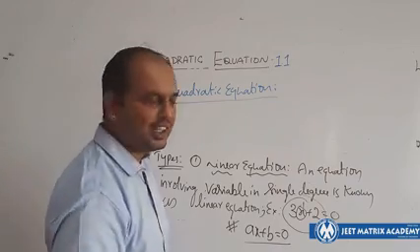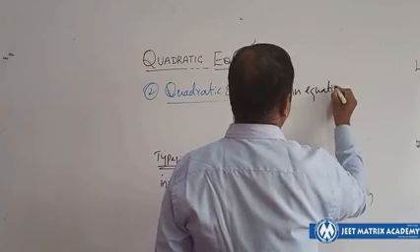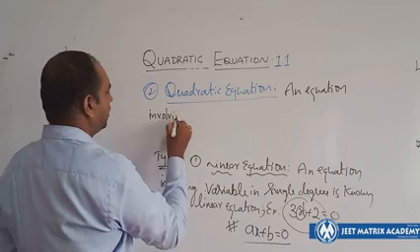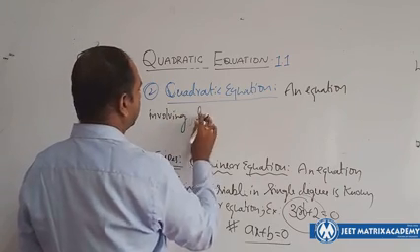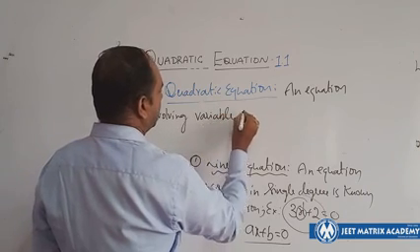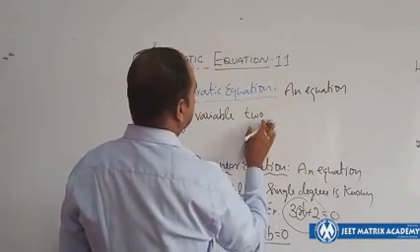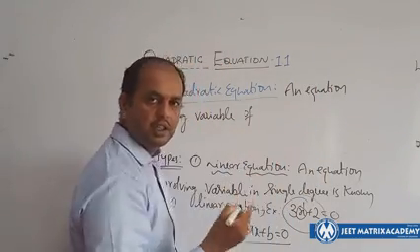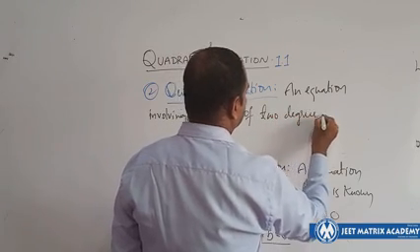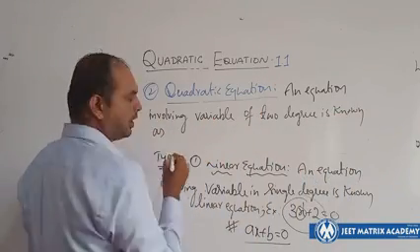An equation involving a variable of 2 degree is known as a quadratic equation.